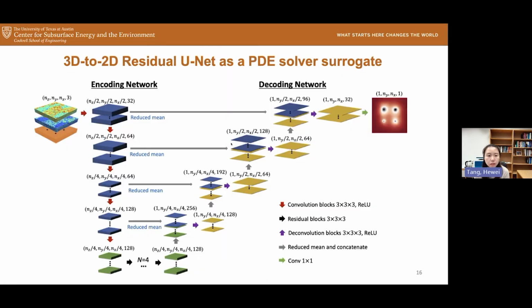We start with a UNet-based model and modify it a little bit to a 3D to 2D residual UNet architecture. Here we input the 3D porosity, permeability, and time field. And through this reduced mean concatenation, we can directly predict the surface displacement at different time steps.